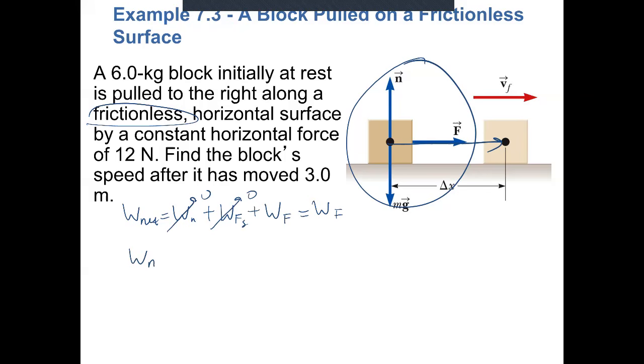All right, so the net work is due to that push force, which is the magnitude of the push force times delta x times cosine of theta. The force is 12 newtons, the displacement is 3 meters, and the force is in the positive x direction, just like the displacement, so theta is 0 degrees. So what you get is 12 times 3.